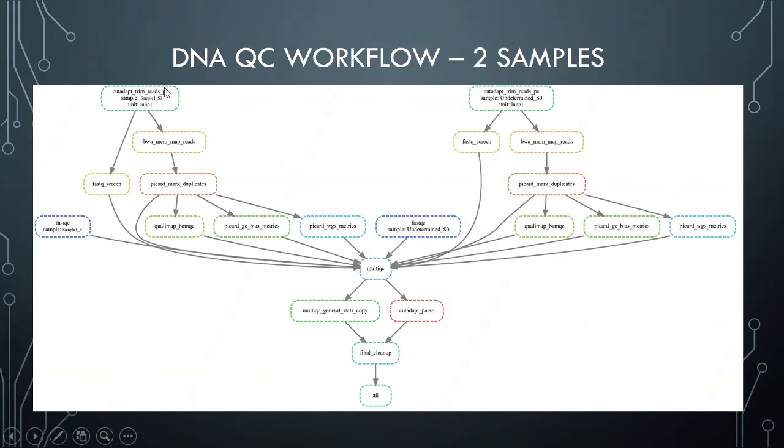It's acyclic because it's going in one direction. Here you can see I'm doing some trimming on a sample. Once this is trimmed, I'm screening for contamination and cross-contamination, as well as other species being detected, using FastQScreen. Then I'm piping this trimmed data through to the mapping step using BWA-MEM.